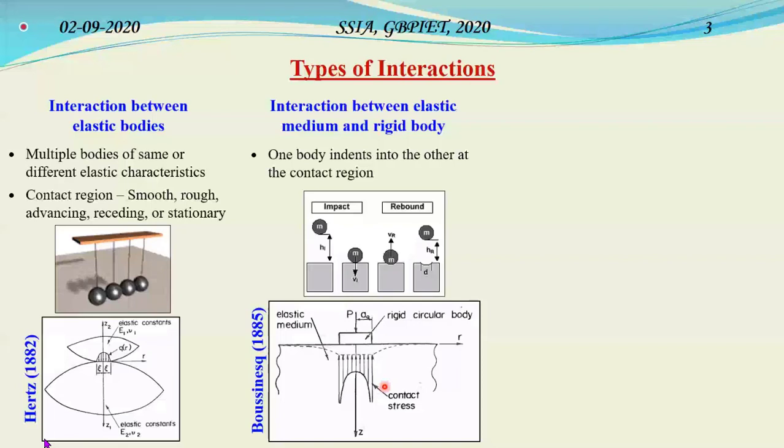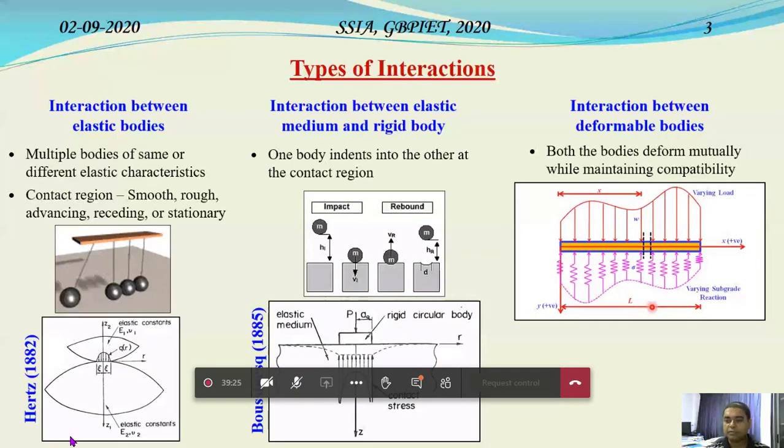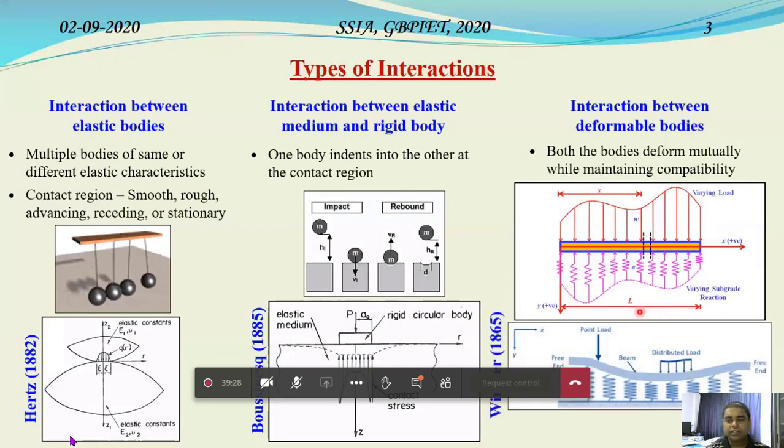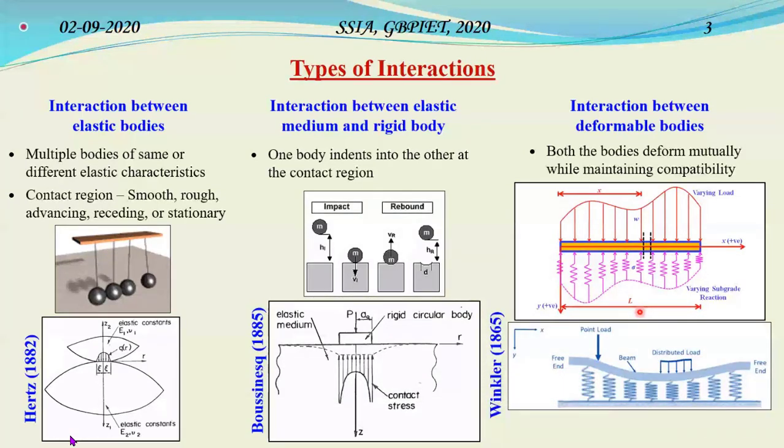The third one, we have interaction between deformable bodies, where both the bodies can deform, but they have to maintain mutual compatibility. Winkler in 1865, again long back, pioneered this work on beams on elastic foundations, where a foundation or a footing can be considered as a beam resting on the foundation soil, having uniform or varying subgrade modulus, and the beam is subjected to a uniform or varying load.